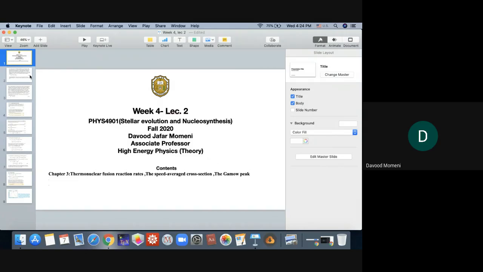All right. Today we will talk about nuclear fusion rate, the reaction rate. We'll talk about how many reactions will happen in 1 second. This is called the nuclear fusion reaction rate. And then we talk about the distribution of the cross sections over the speed.